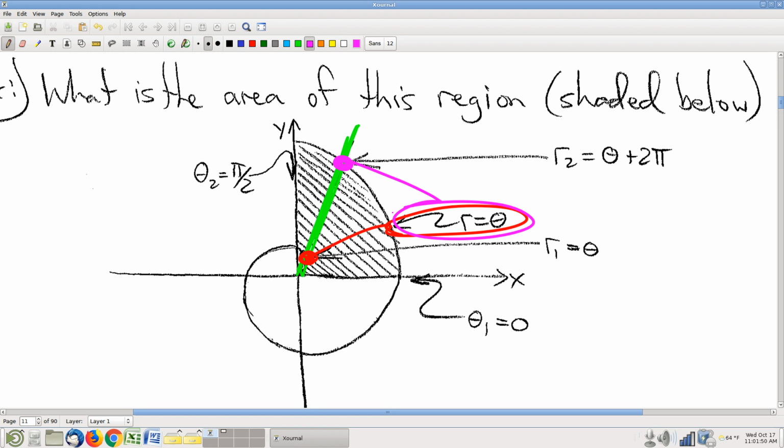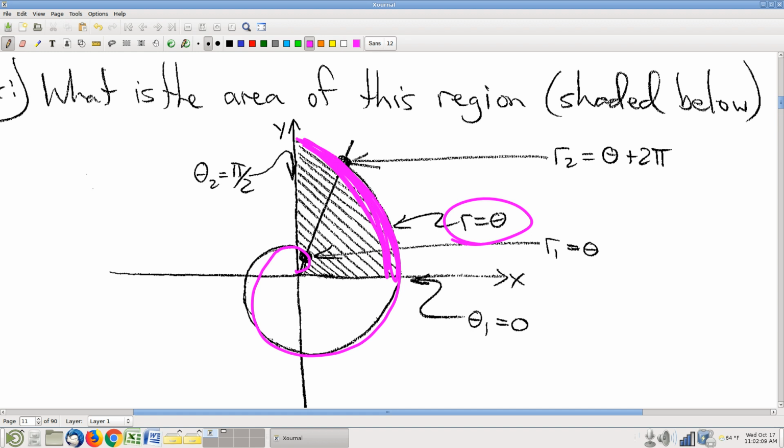All right, so what's happened here? When we first wrote down r equals theta, we weren't putting any restrictions on what theta could be. And so in fact, as we made our way around, the values of theta over here are a full turn larger than the values of theta over here.